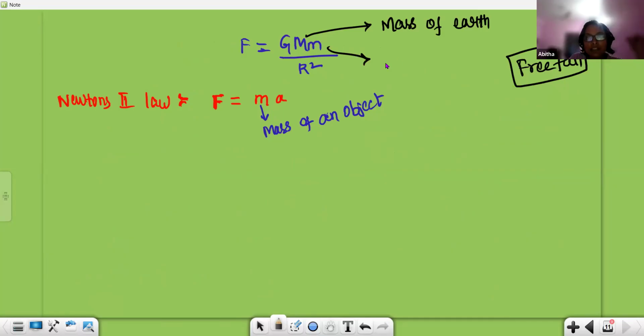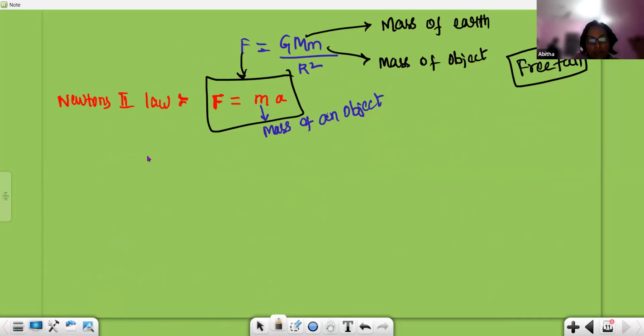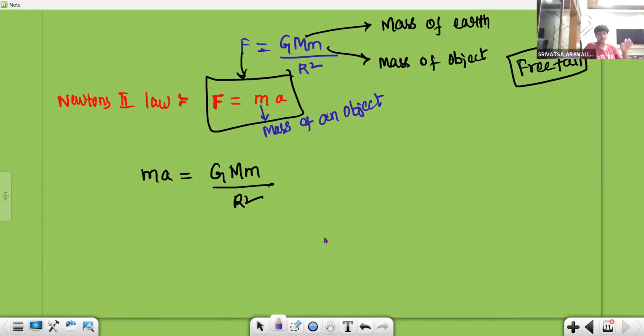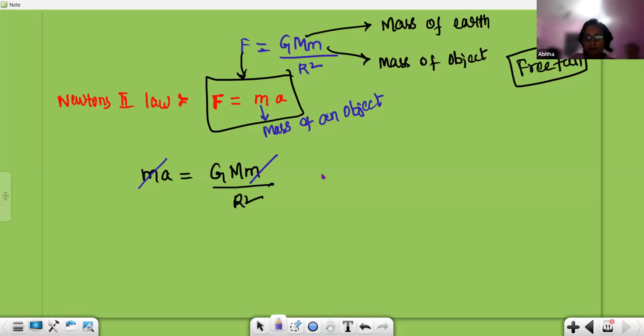So small m is the mass of an object. What we are doing is replacing F with ma. So we are writing ma in place of F, and G capital M small m by R square. Which is the common term we are cancelling here? Small m and small m.